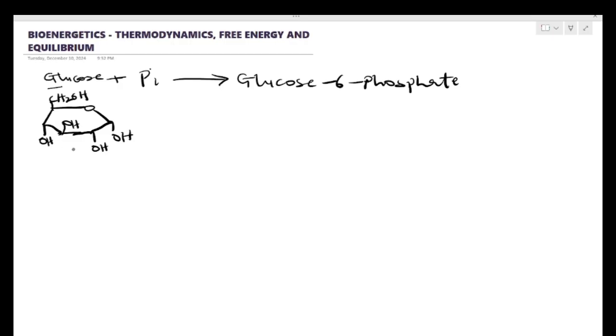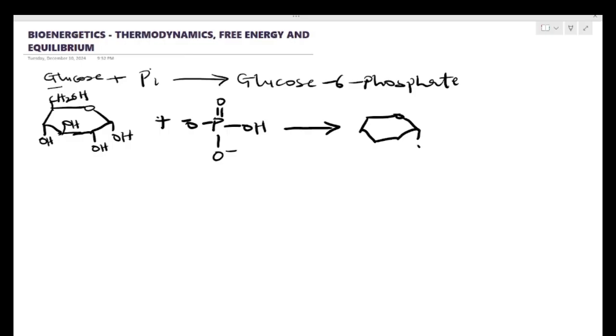And of course, this is the glucose plus the inorganic phosphate. The phosphate group is OH, double bond O, O minus, and O minus. So that's the phosphate, and that reacting together gives you the glucose 6 phosphate.